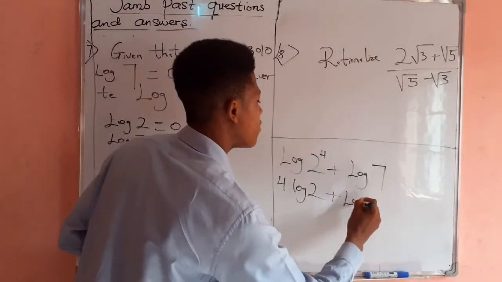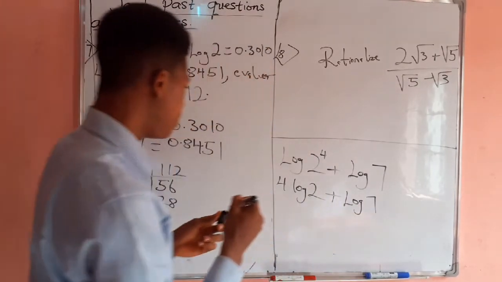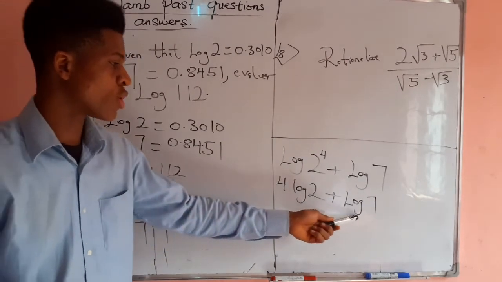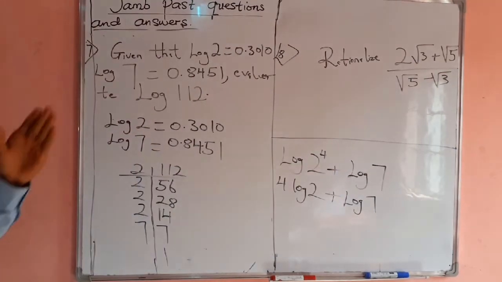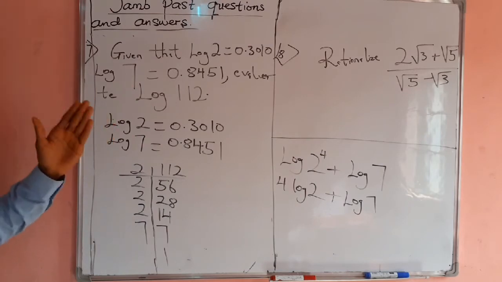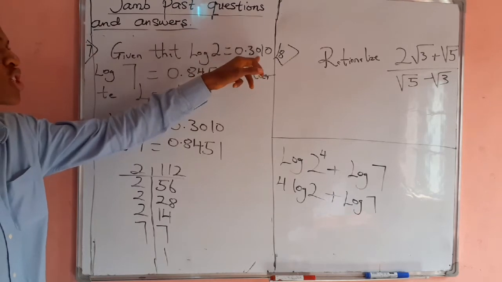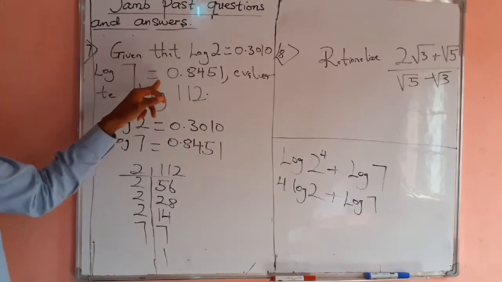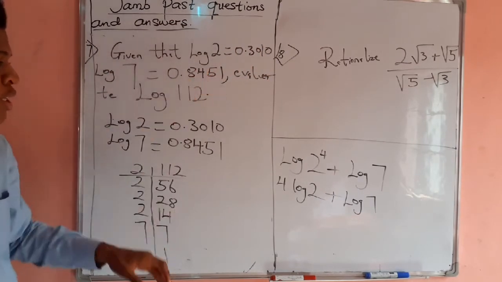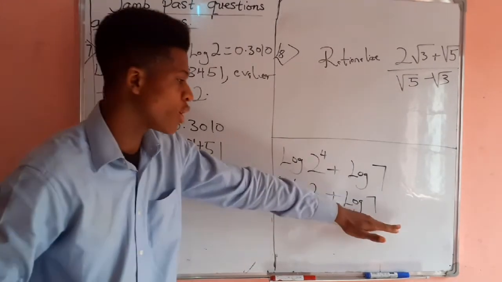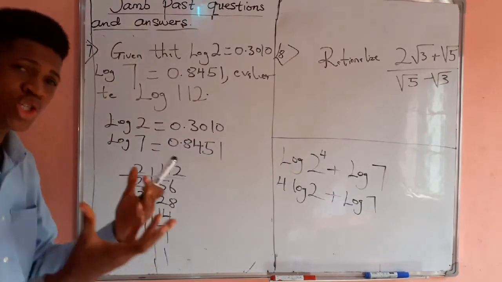Plus log 7. Okay. We have 4 log 2 plus log 7. Please pay attention to the equation. Pay close attention. Given that log 2 is equal to 0.3010, log 7 equals to 0.8451. So at this point in time, we know that our log 2 is given, our log 7 is given. So we just what? Substitute.